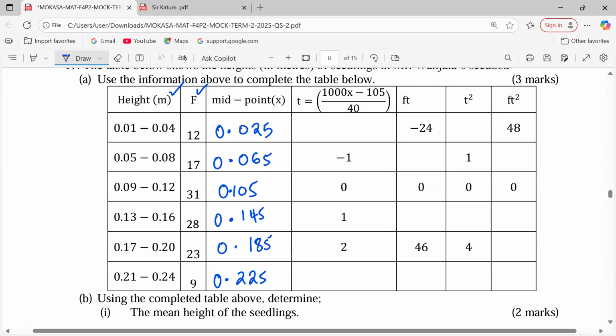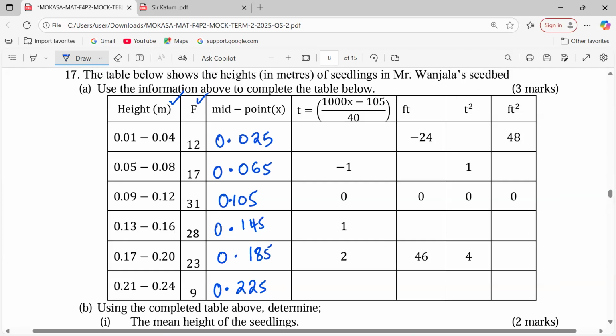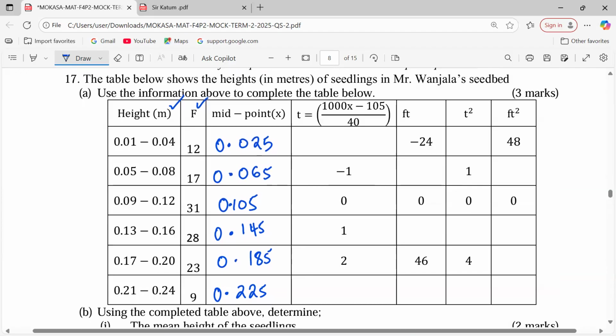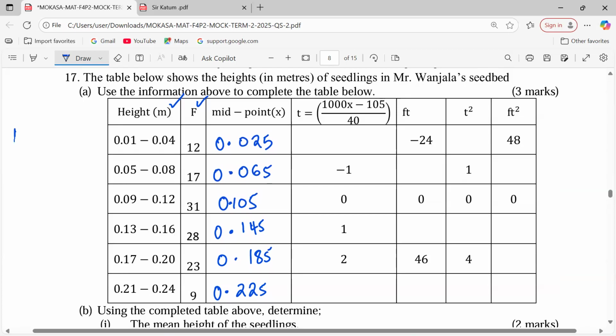Something that we're supposed to know is that in the first case there is a blank. So we need 1,000 multiplied by the midpoint in this particular case, which is 0.025.